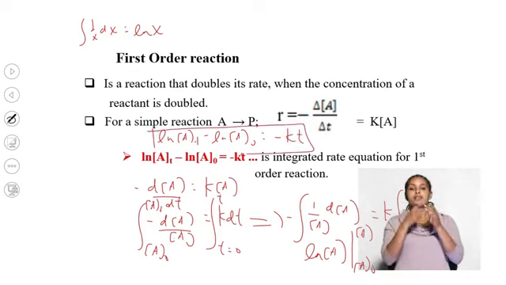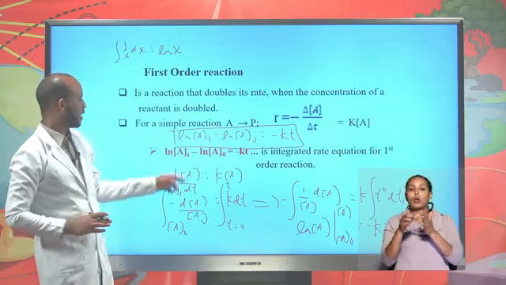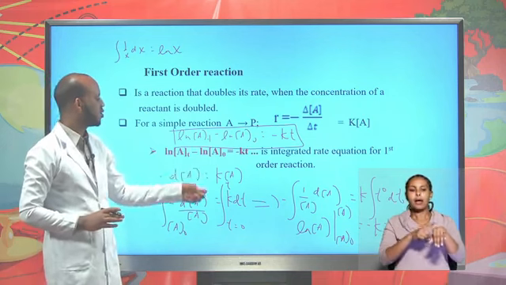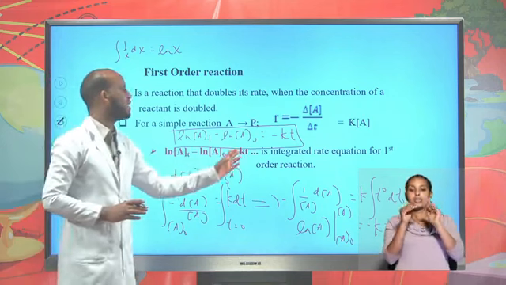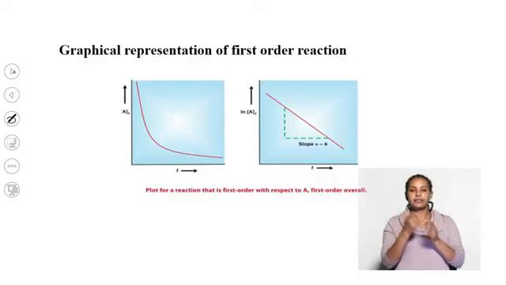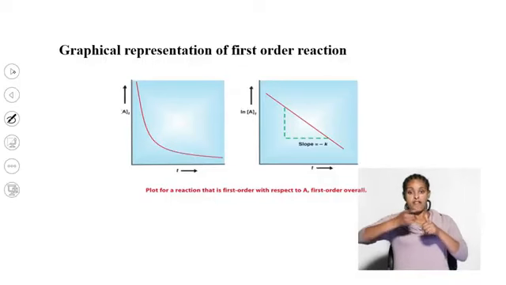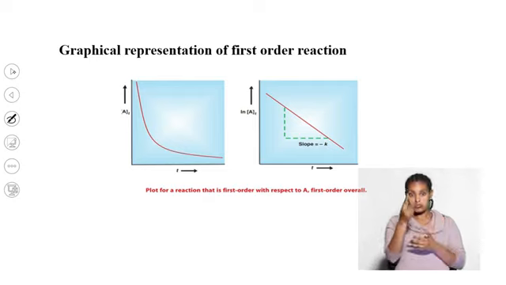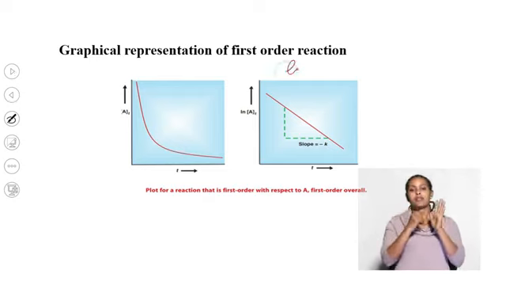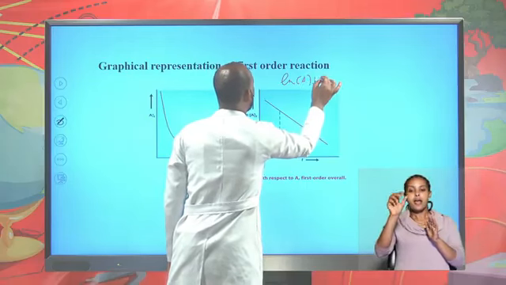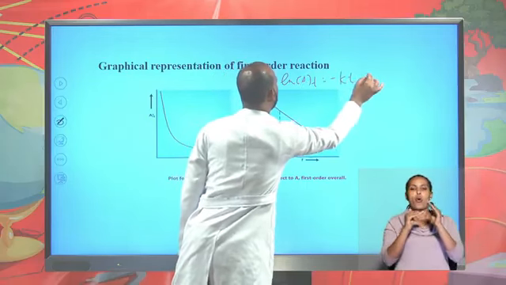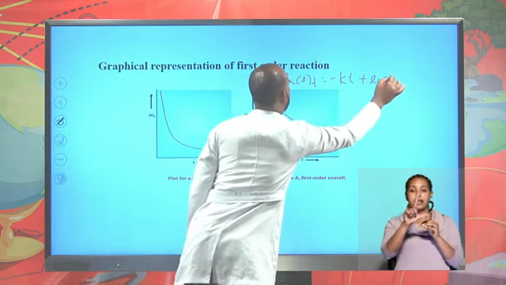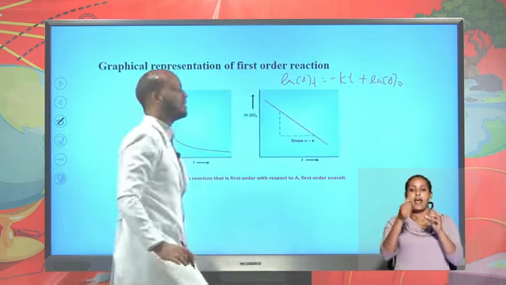This is the integrated rate equation for a first order reaction: ln concentration of A at any time t equals minus kt plus ln concentration of A naught, the initial concentration. Graphical representation of a first order reaction.